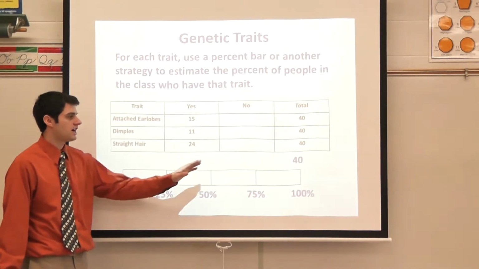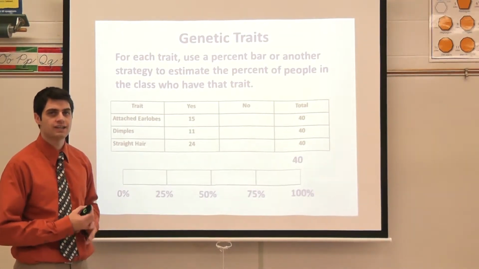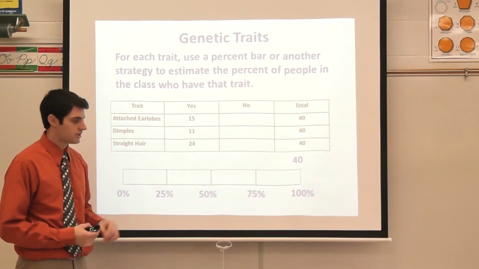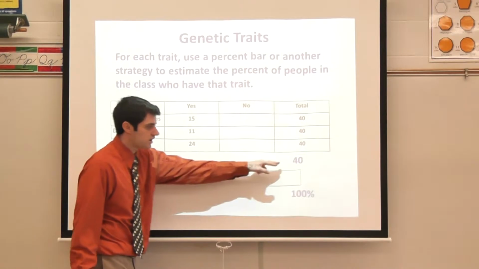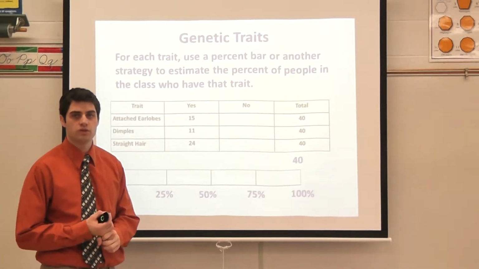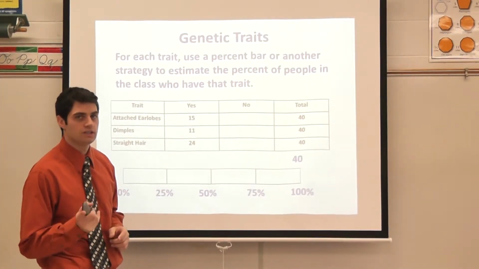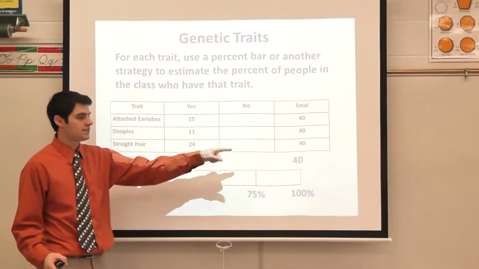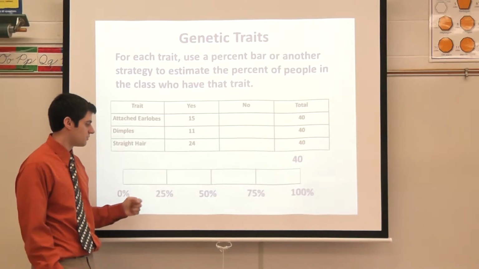To find 25% of 40, there's a couple different ways I can do this. I know that 25% as a fraction is 1/4, so I'm finding 1/4 of 40. And we all know that when we use the word of in math, it means multiplication. So I could do 1/4 times 40, which is going to give me my number.